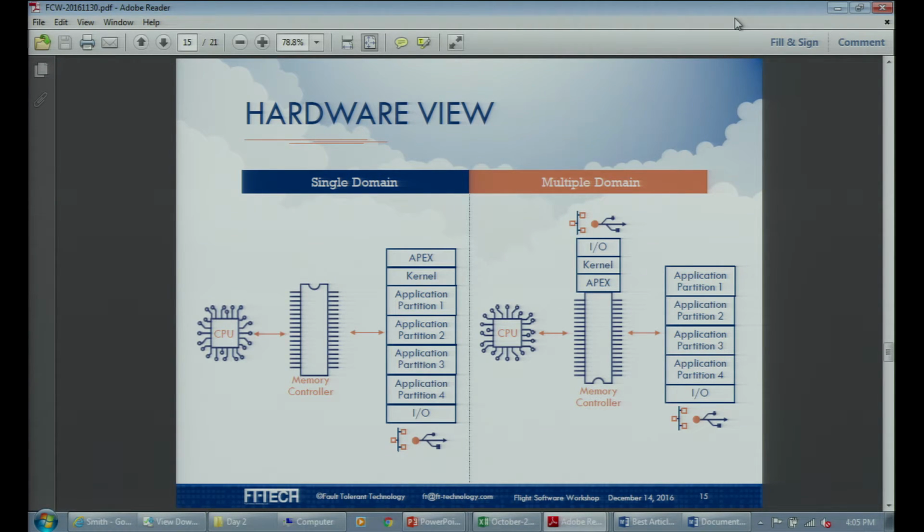in this system, if I'm on partition 2 and I need something from the kernel, I got to stop what I'm doing, put everything on the stack, then go over to the kernel and ask the kernel to do stuff, and then come back and put everything on a stack. I get an interrupt coming in from the outside. I got to stop what I'm doing. And the CPU has to handle all that overhead.